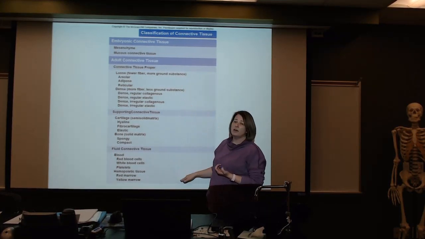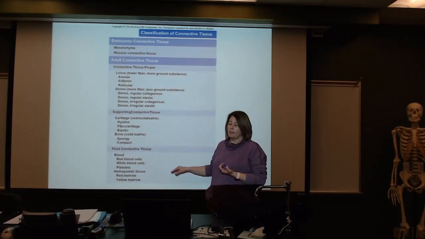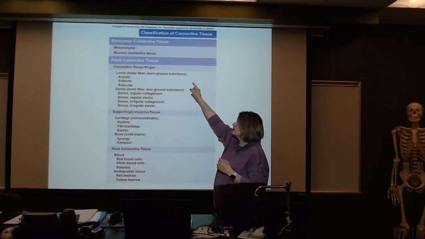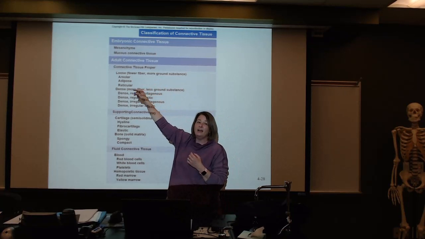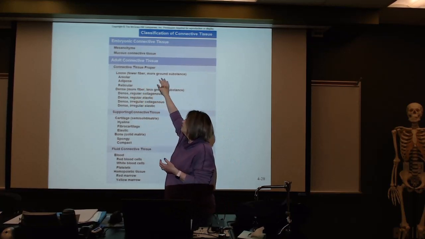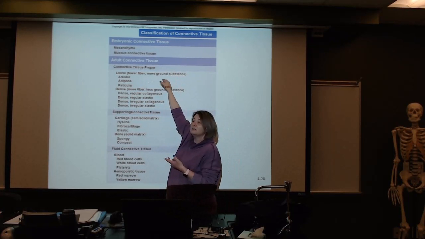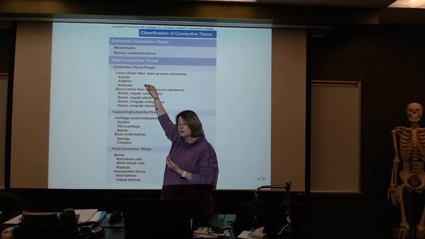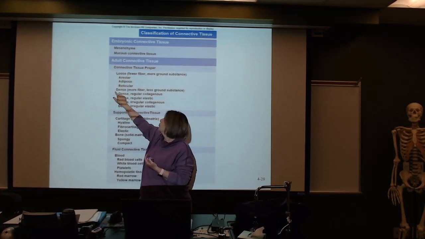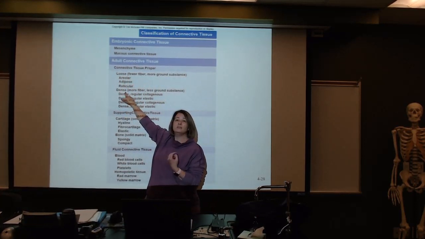As we become adults, we're going to say that we have connective tissue proper. Under this connective tissue proper we have one that's termed loose, one that's termed dense.